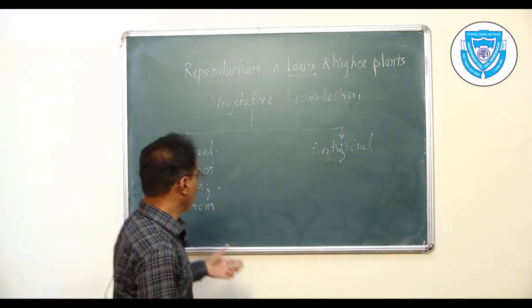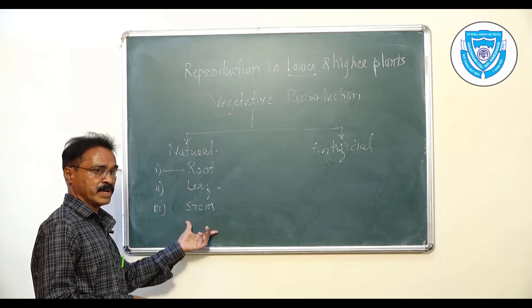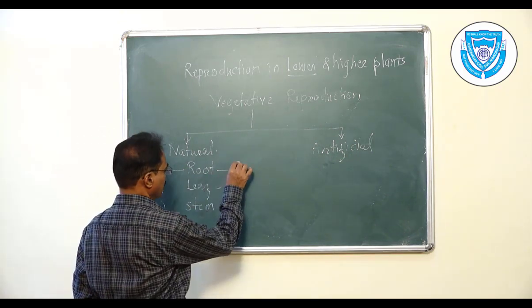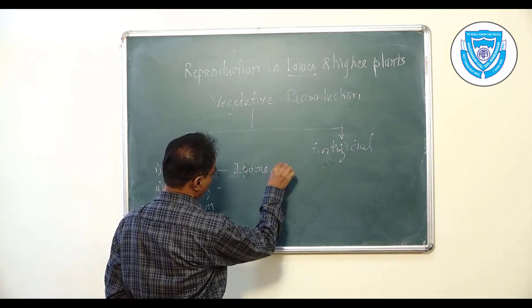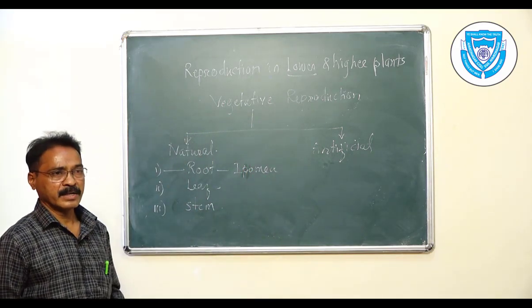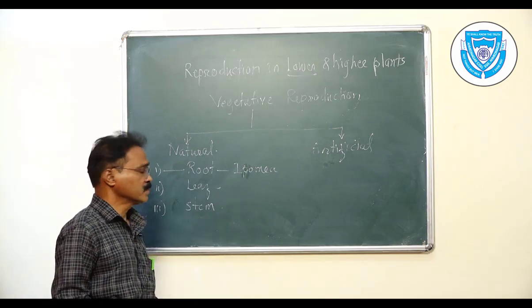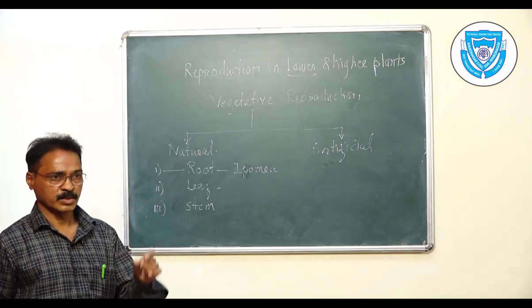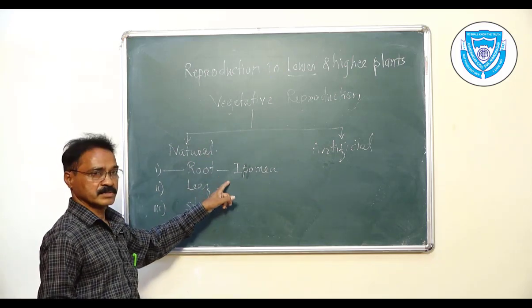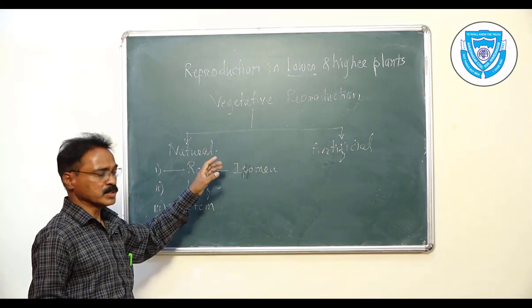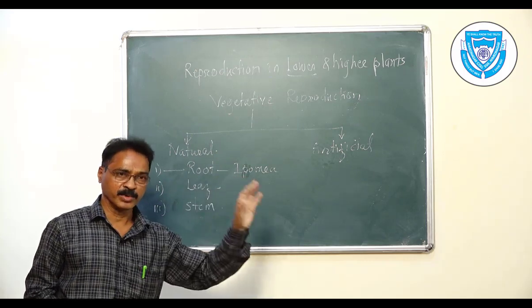Now the natural method of this type of reproduction, if you see root, that is Ipomoea, it is a botanical name, and commonly we call it sweet potato. So the roots are utilized for vegetative reproduction. It is a natural method. So naturally this Ipomoea can reproduce.